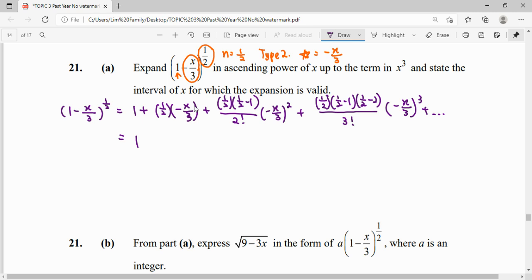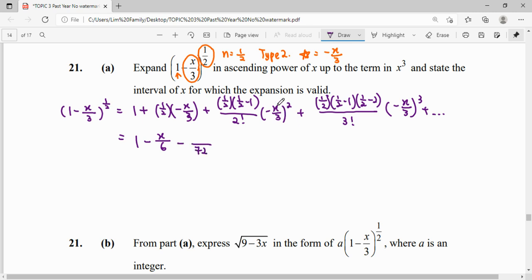So 1 over 2 times negative 1 over 3, this is negative 1 over 6. This is x only, so I put it at the numerator part. Then this is 1 over 2 times negative 1 over 2 over 2 factorial. Here, don't forget we have negative 1 over 3 squared. So we find the coefficient here, it will be 1 over 72.